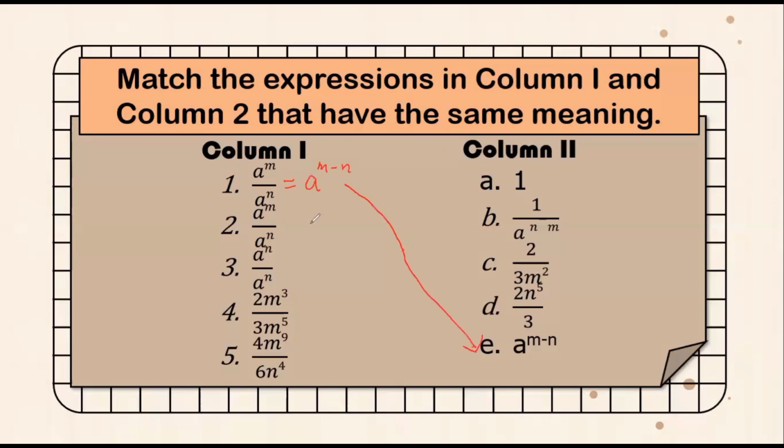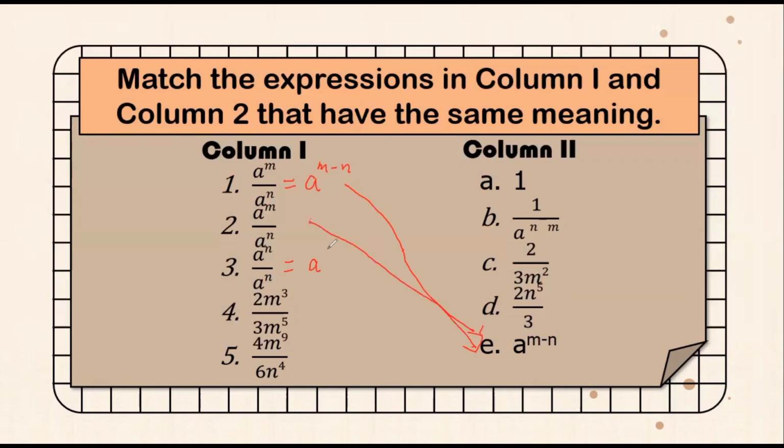Okay? The same is true with number 2, a raised to m minus n was being duplicated. Still under letter E, a raised to m minus n. How about number 3, a raised to n divided by a raised to n? Following the quotient rule, which states that if you are dividing powers with the same base, you keep the base, which is a, and then what will you do with the exponents?